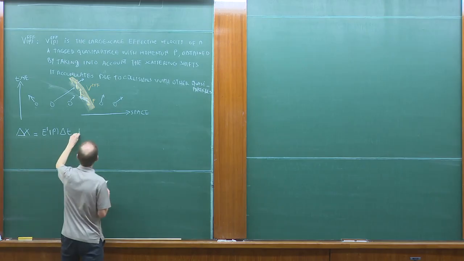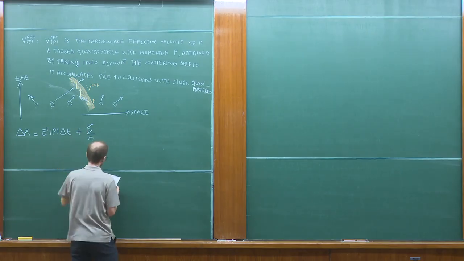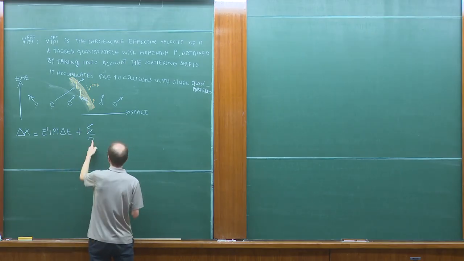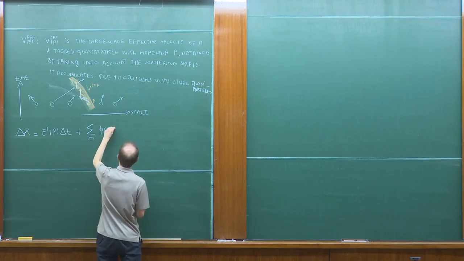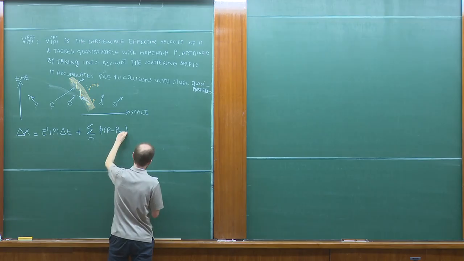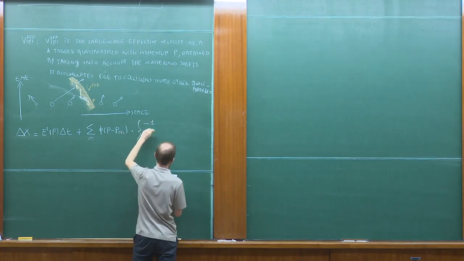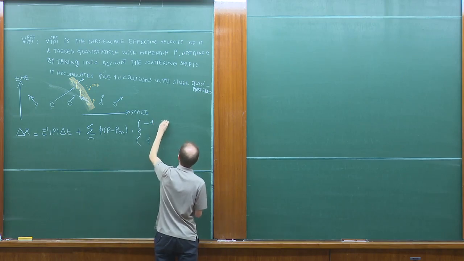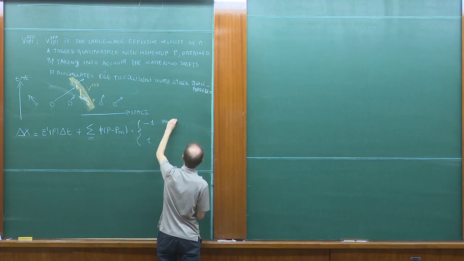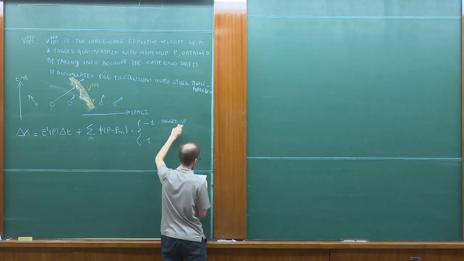Plus, there are collisions. So this is a sum over n, which runs over all the collisions taking place in the interval delta t. I abbreviate quasi-particle with QP just to make it short.